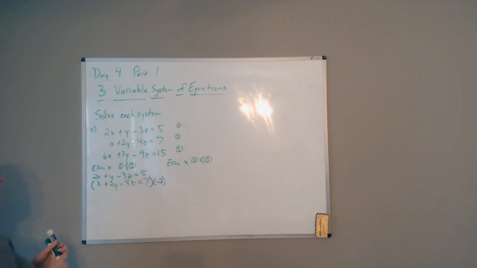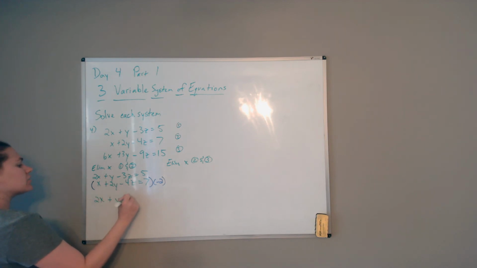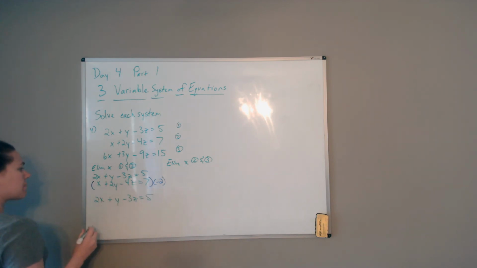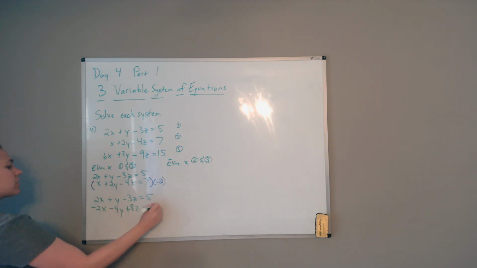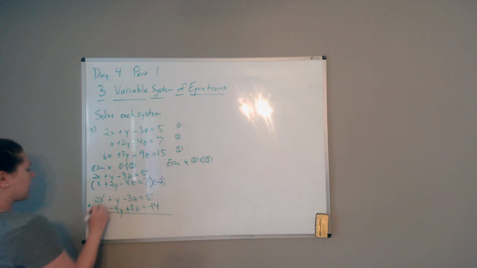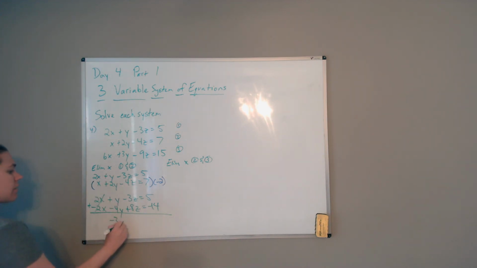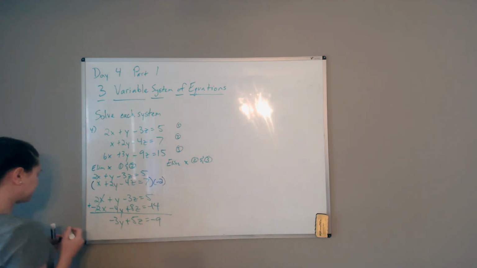So I'm going to rewrite the first equation. 2x plus y minus 3z equals 5. Negative 2x minus 4y plus 8z equals negative 14. And now I'm going to add these together. X's are gone. That gives me negative 3y plus 5z equals negative 9.